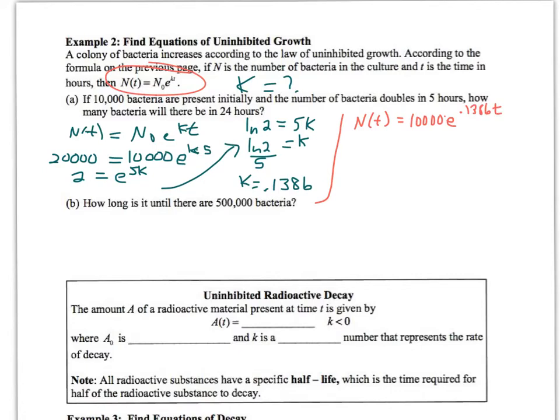So now I can do whatever I want, and this problem says how many bacteria will there be in 24 hours? So really I'm trying to figure out what is N of 24. What happens when I plug in 24? That's going to be 10,000 e to the 0.1386 times 24.